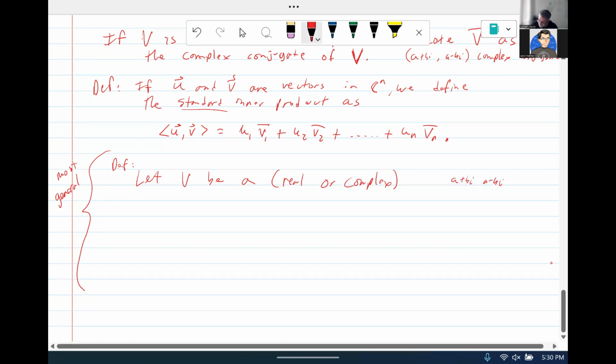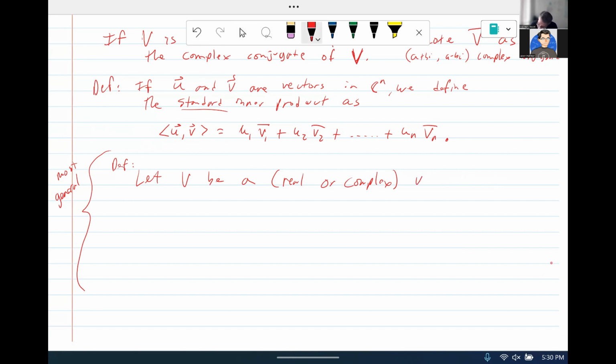What's the conjugate of just a? Well, it's a. Again, we're going back to the broadest definition here. So let V be a real or complex vector space, but we're going to make sure that we are able to define this for complex numbers.